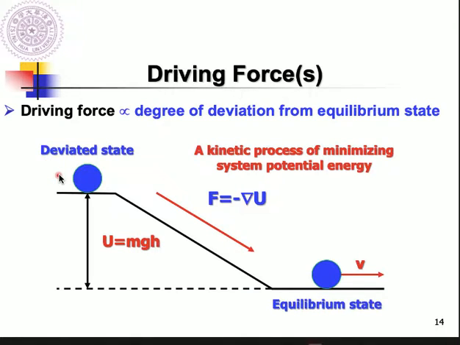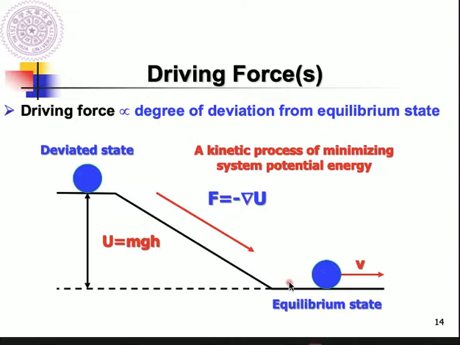So usually in the beginning, the material system is in the equilibrium state, and we apply a driving force to push it to the deviated state, then release it, and it's going to go back to the equilibrium state. And the magnitude of the driving force is related to the degree of deviation from equilibrium.